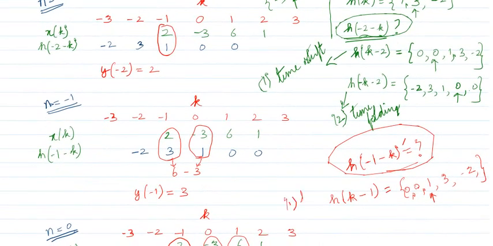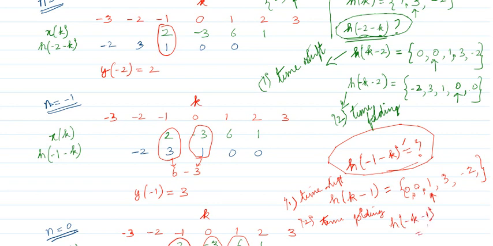First we do time shift. Second, we go for time folding. In time folding, that's h of minus k minus 1. So what can I do?